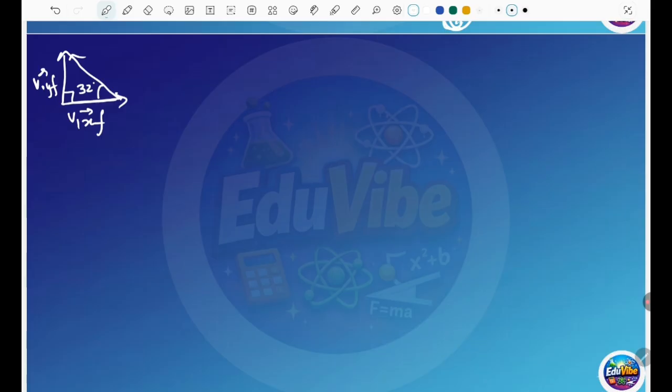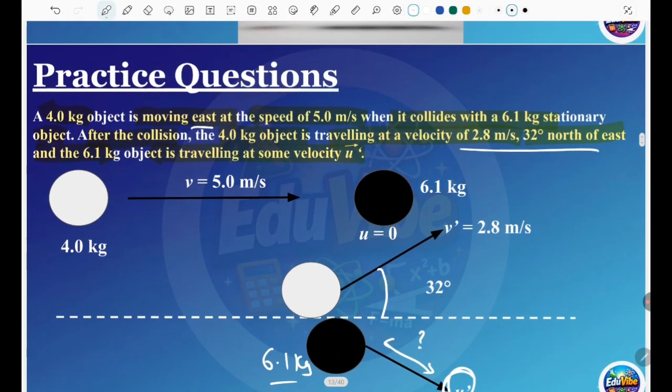From here we know this is 2.8 meters per second. What we have to find is v1xf and v1yf. First, v1yf is equal to 2.8 times, and we take north and east as positive in this.